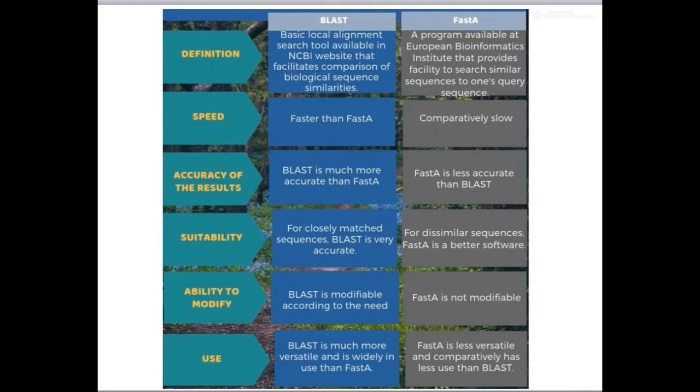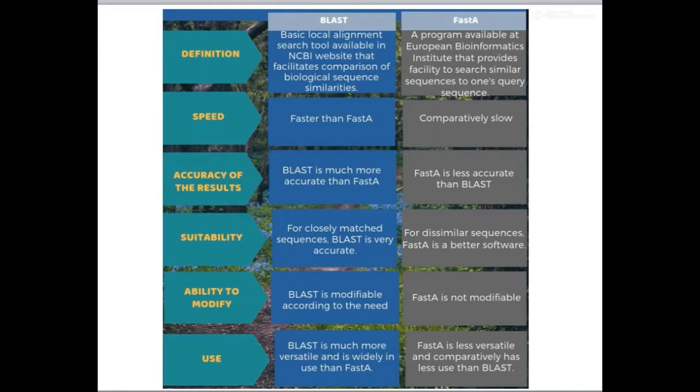Though the term implies Fast-A, and you would think it is faster, it is comparatively slow when compared to BLAST. As for the accuracy of the results, BLAST will give us much more accurate results than FASTA, and FASTA is less accurate, as we mentioned earlier. Coming to suitability, for closely matched sequences, BLAST is very accurate.